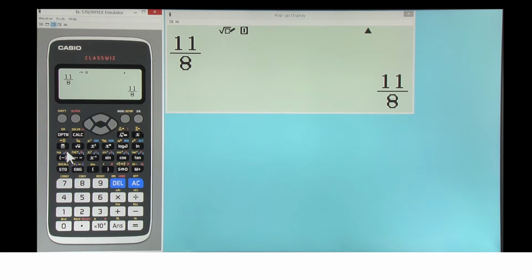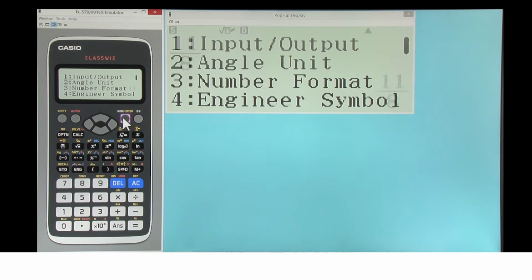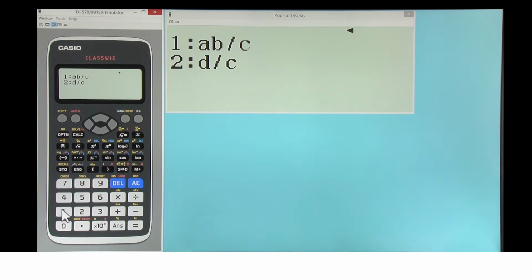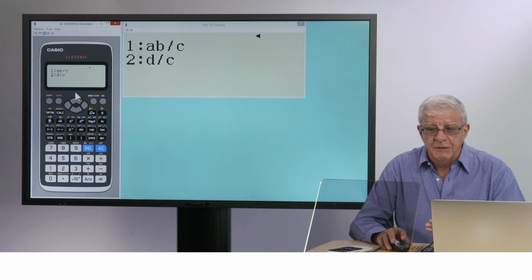If you would prefer to always represent fractions as proper fractions, you can change this in the Setup menu. Shift and Setup, go down to where it says Fraction Result, which is number 1, and there's a choice between proper and improper fractions.